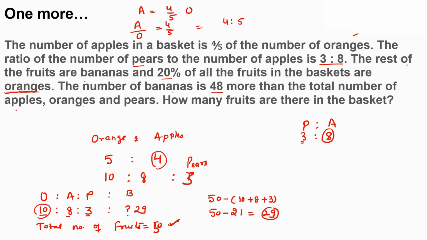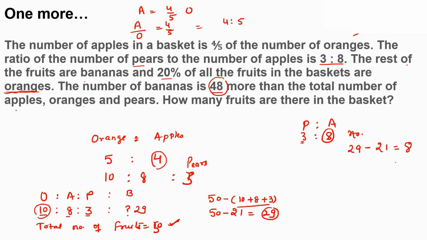Next, if I read it further, 29 are my bananas. They are saying the number of bananas is 48 more than the total number of the remaining fruits. It means I need to find the difference between the number of bananas minus the total number of remaining fruits. So the number of bananas is 29 and the remaining fruits are 21. So 29 minus 21, that's 8.